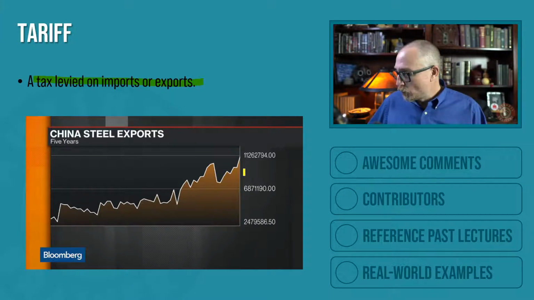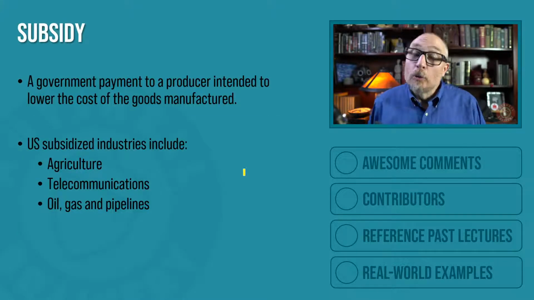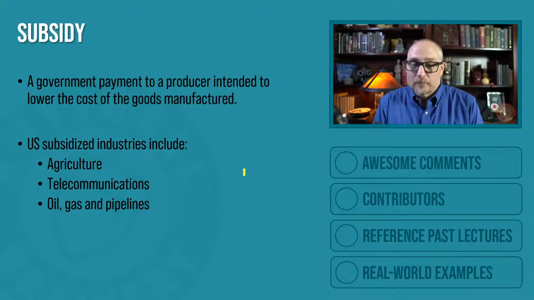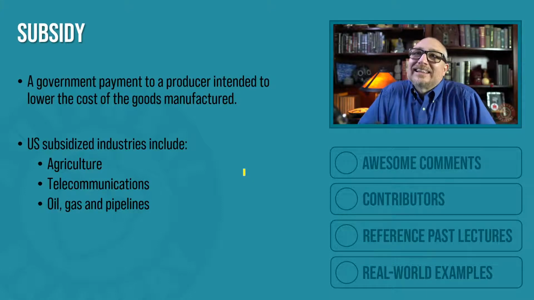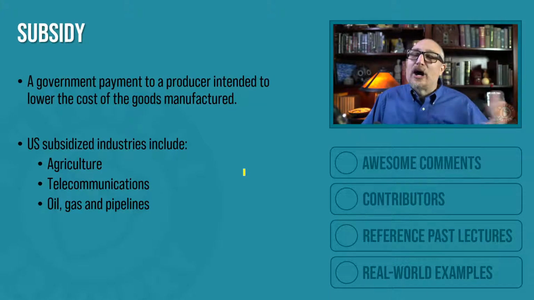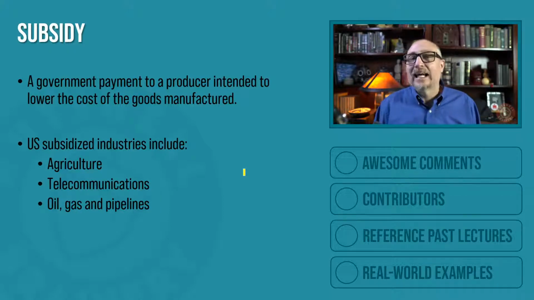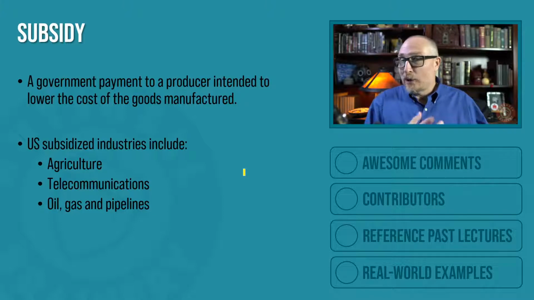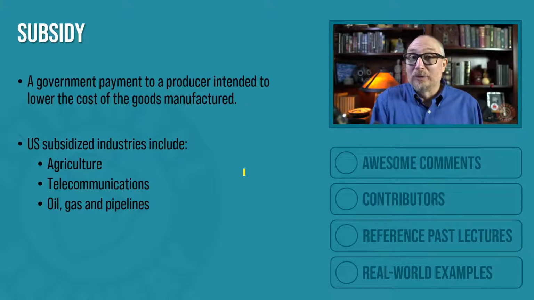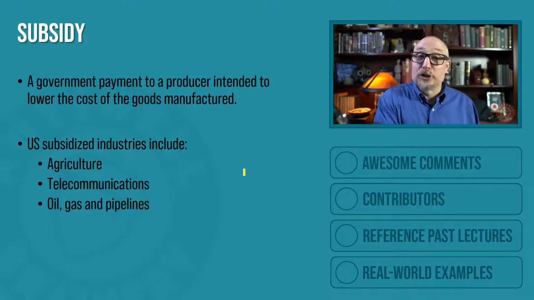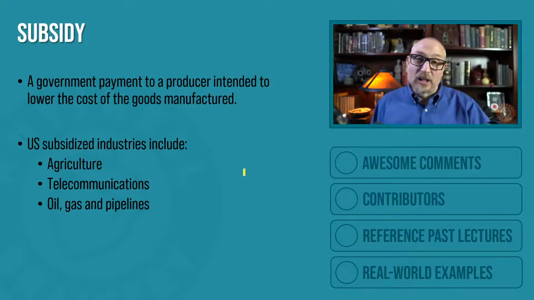Okay, what else? Well, then we've got subsidies. Subsidies, in a way, is kind of like the opposite of a tariff. It's where a country says, hey, listen, we're going to give you money to actually produce this thing. That way, when you sell it, you can sell it for a lot less because we have subsidized it.